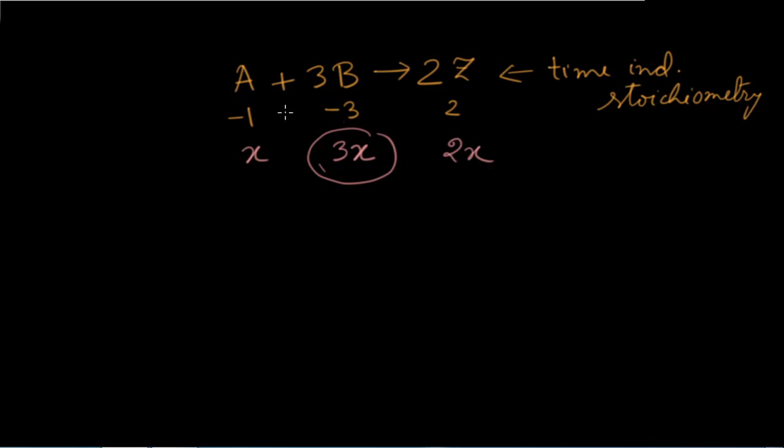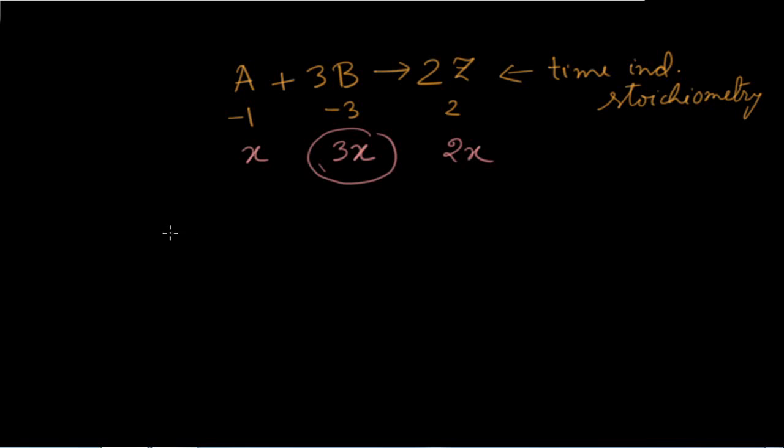So the rate of consumption of A is not equal to the rate of consumption of B, which in turn is not equal to the rate of formation of Z, right? Basically, how we represent the rate of consumption of A mathematically is simply the change of concentration of A with respect to time.